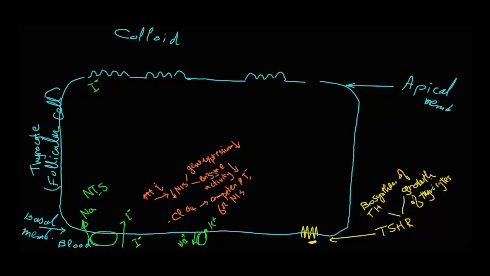So to recap this point, NIS transports iodide across the basal membrane, and it derives its energy from sodium-potassium ATPase, and it allows for concentration of iodide 30 to 40 times the concentration in the blood.